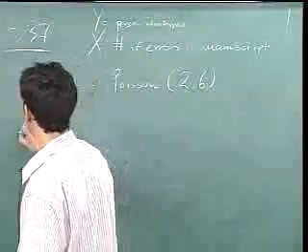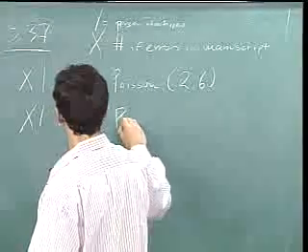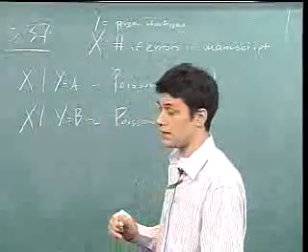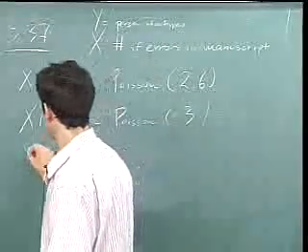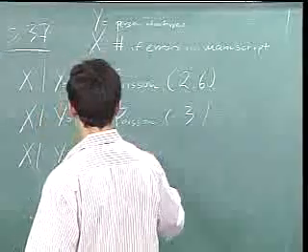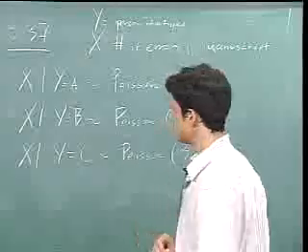If, on the other hand, person B types, then the number of errors will be Poisson with mean 3. And finally, if person C types, the number of errors is Poisson 3.4.